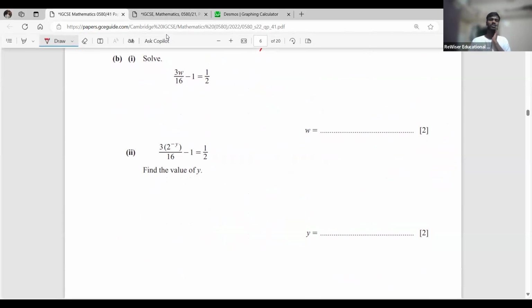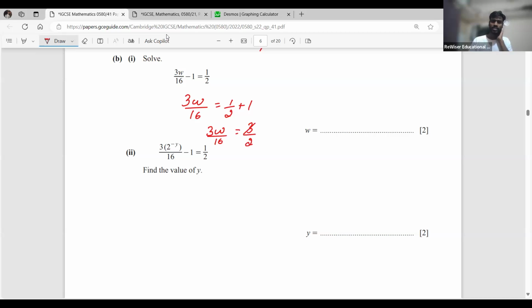In B part 1, we have to solve this. So minus 1 is something that we have to take to the other side first. So when I take that, it's going to be 3 times W over 16 is equal to half plus 1, which is nothing but 3 over 2.